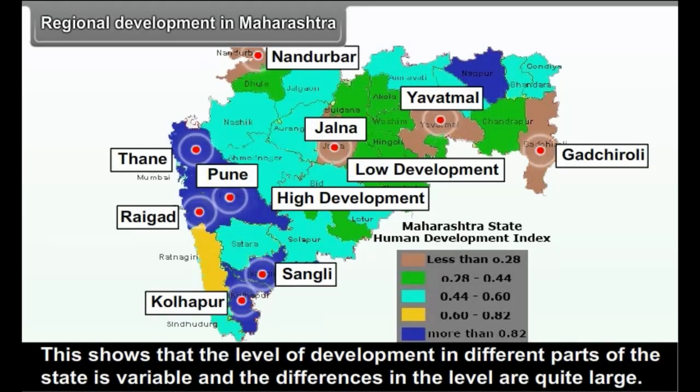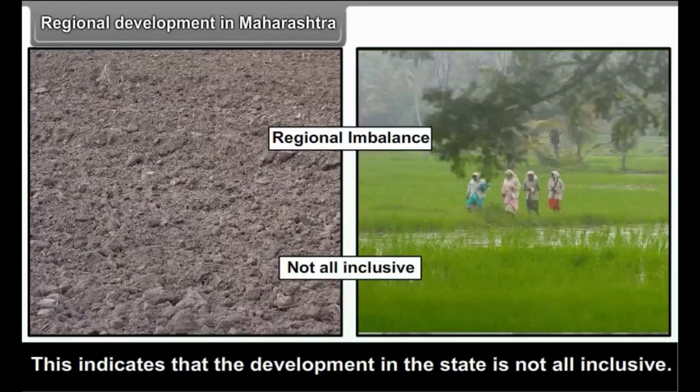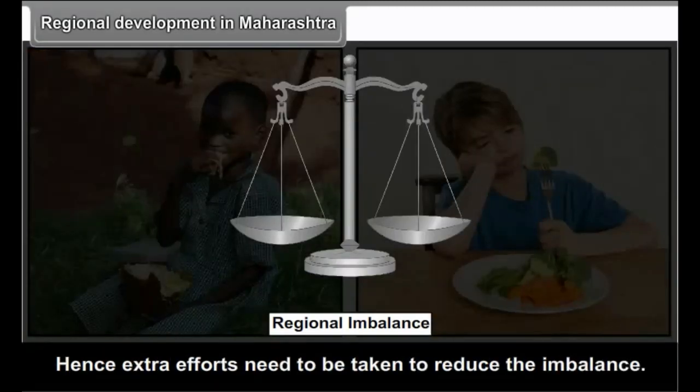This shows that the level of development in different parts of the state is variable and the differences in the level are quite large. The wide difference in the HDI values points towards the regional imbalance. This indicates that the development in the state is not all-inclusive. Regional imbalance has serious and far-reaching effects on the social conditions.